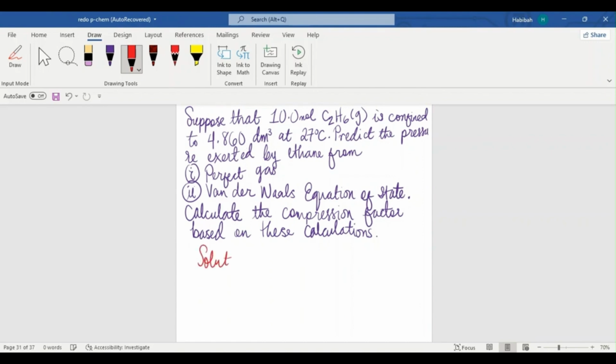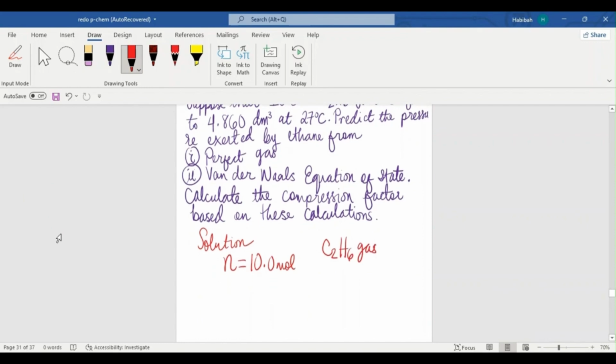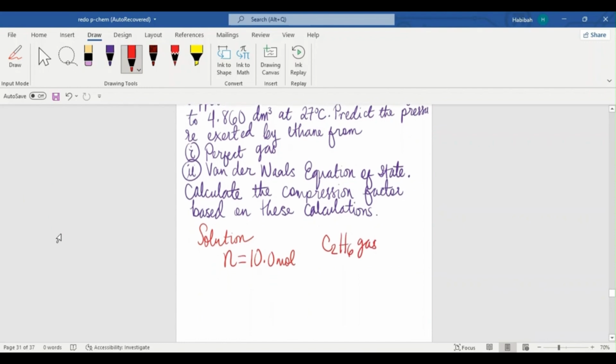We're given the number of moles to be 10.0 mole. The identity of the gas is ethane, so C2H6 gas. We're also told that it was confined to 4.860 decimeter cube. So that's the volume.